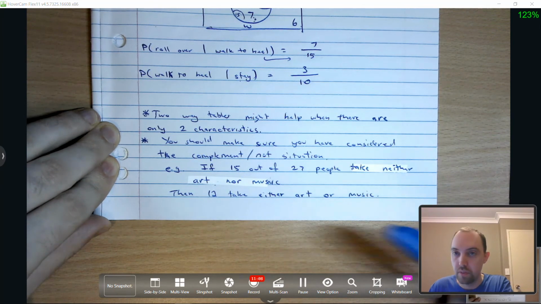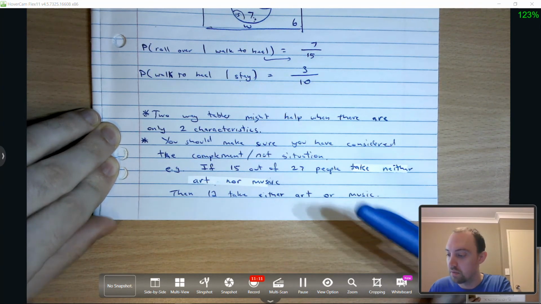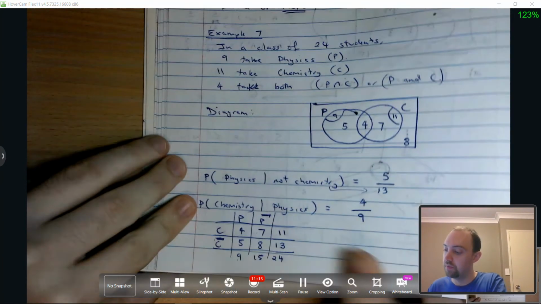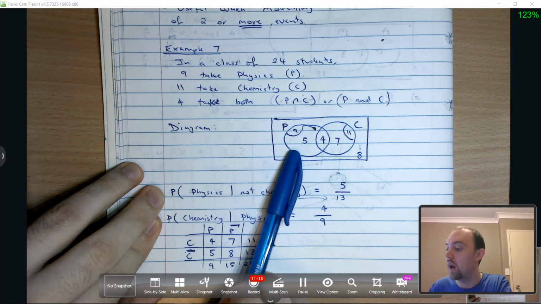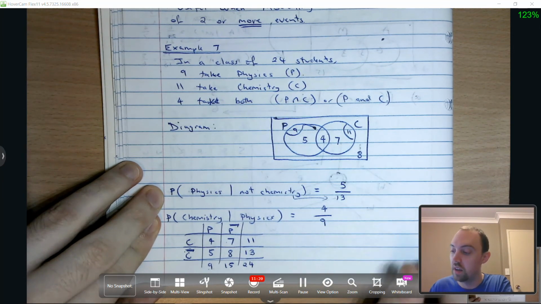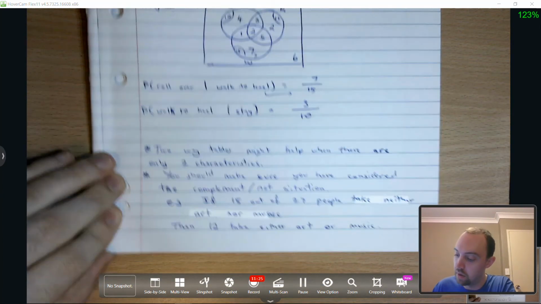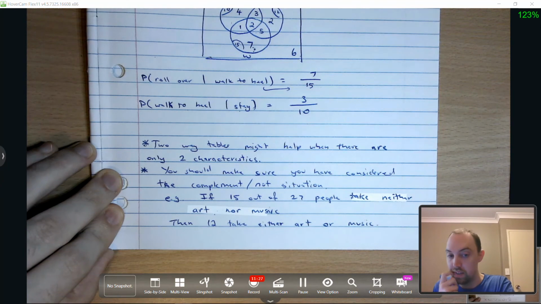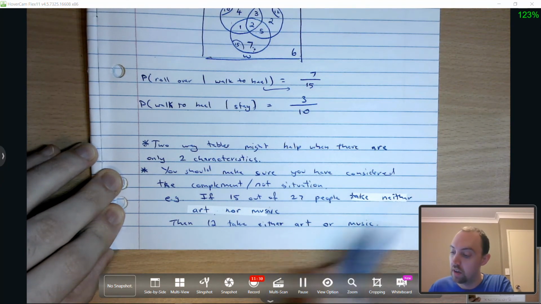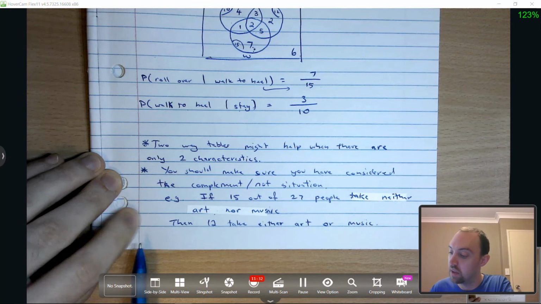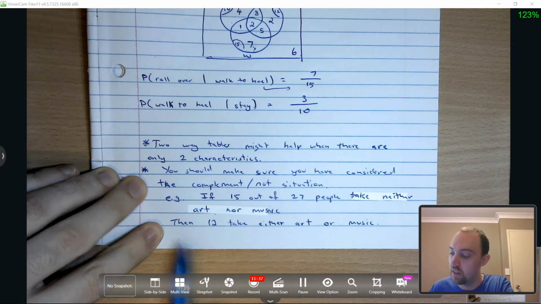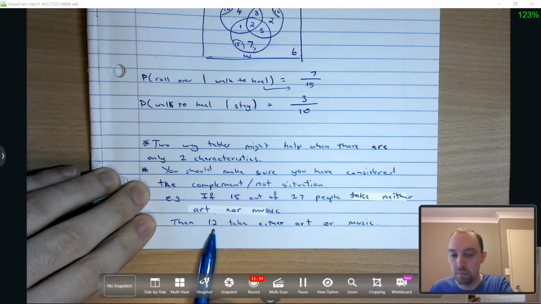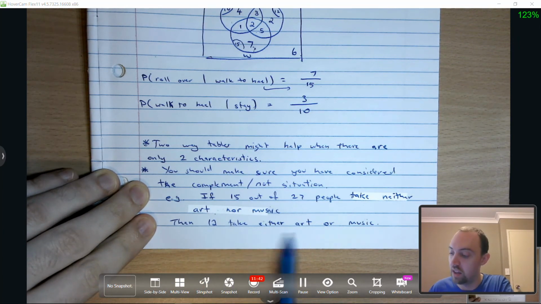So 9 are doing physics. How many people aren't doing physics is the 15. That kind of thing that we were talking about a little bit earlier. If you think about the complement, it's going to help you to figure out some of these Venn diagrams. Okay, well, I've written an example here. If 15 out of 27 people take neither art nor music, then the complement means that 12 take either art or music.